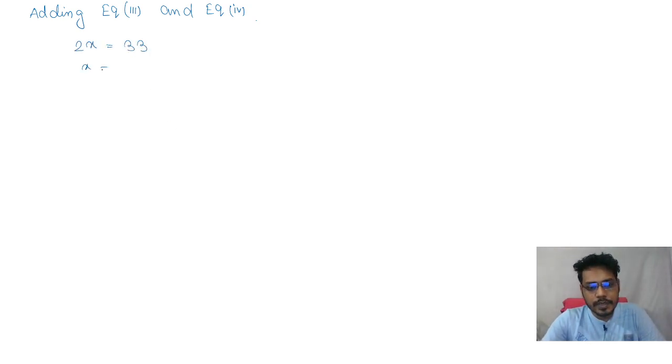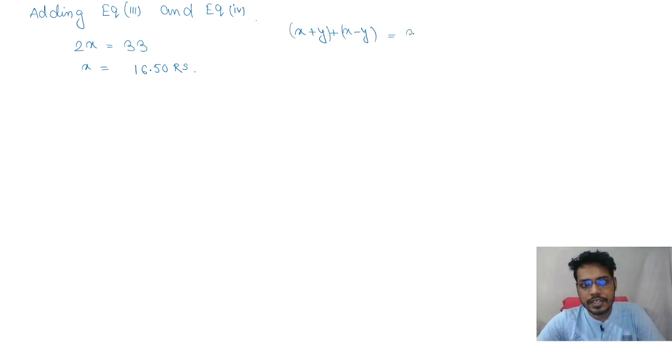So here x will be 33 by 2 or 16.50 rupees. Okay. So here actually we added these two, x plus y plus x minus y, 23 and 10, that is 33. Now from here you get x is 16.50.